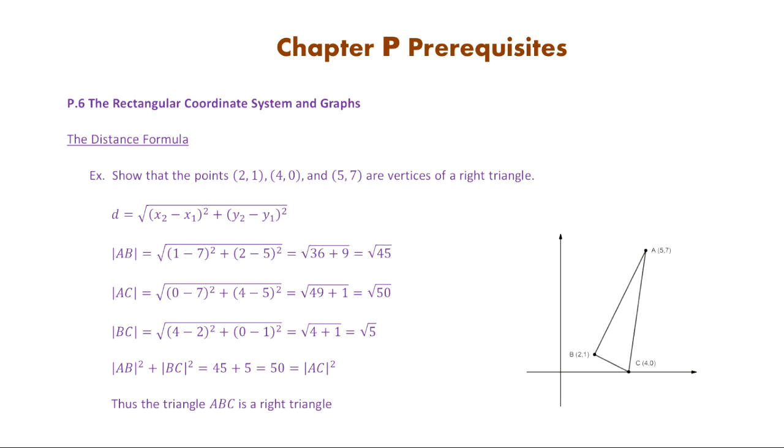Then we can use the distance formula to calculate the distance between A and B, B and C, and C and A. For example, the distance between A and B, we use capital AB sandwiched by the absolute value sign. So that's the distance between A and B. You just take the square root of x2 minus x1 squared plus y2 minus y1 squared.